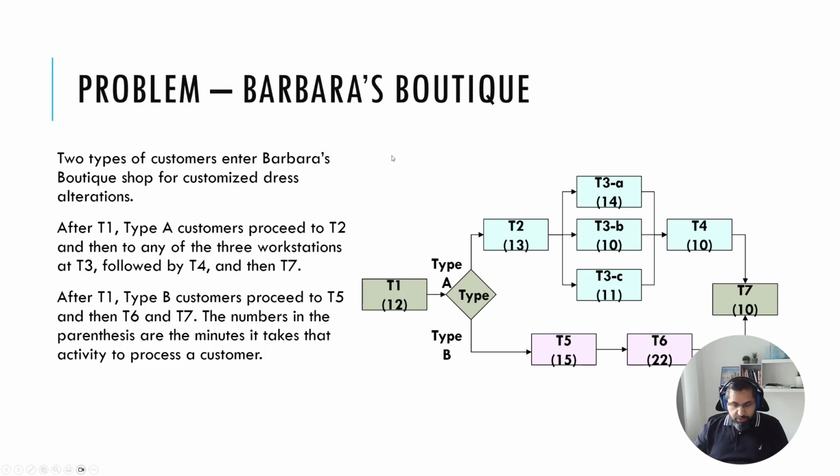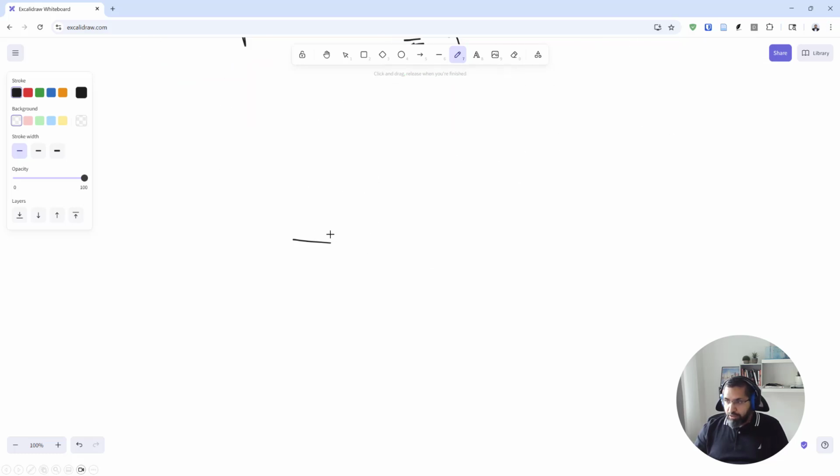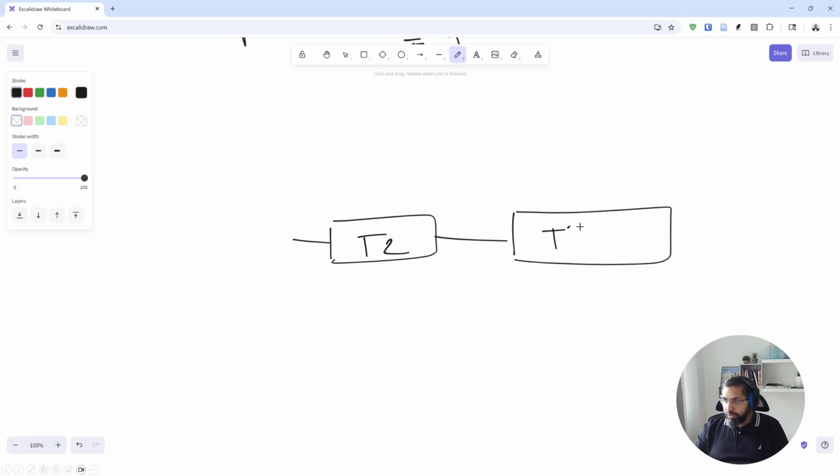Now, sometimes we draw a situation like that. So we had T2 followed by T3, and T3 has 3 workers. So what sometimes we'll do, let's put a sign of a worker and put the cycle time here. That was 14 minutes for worker 1. Then worker 2 is 10 minutes.